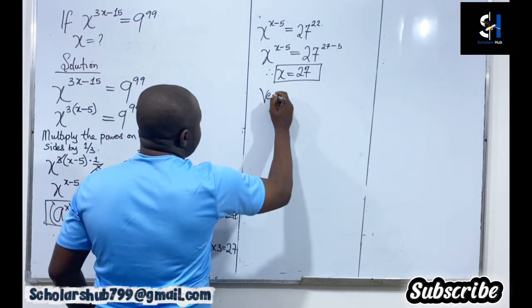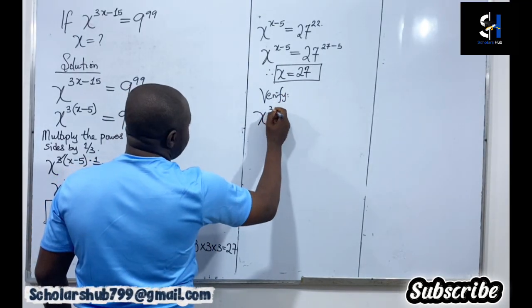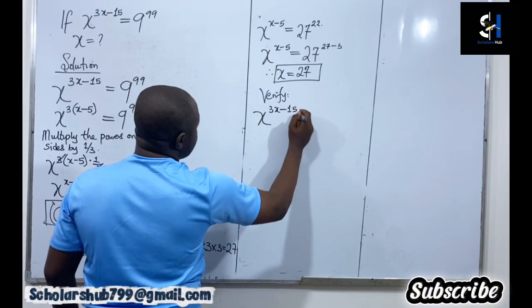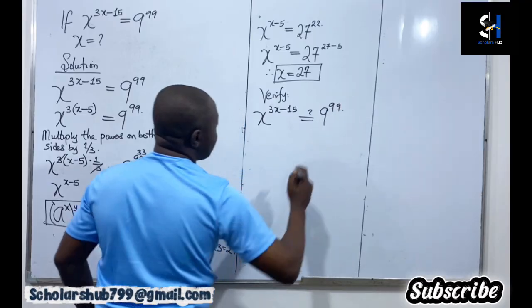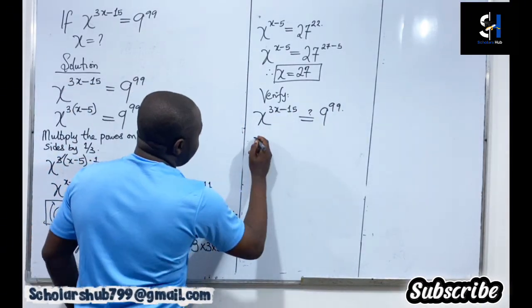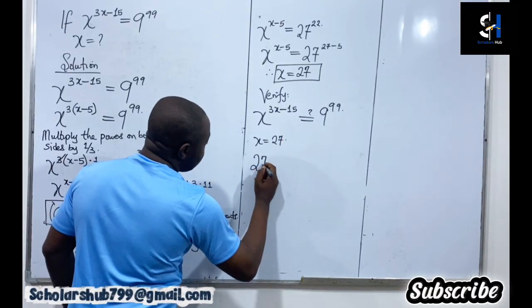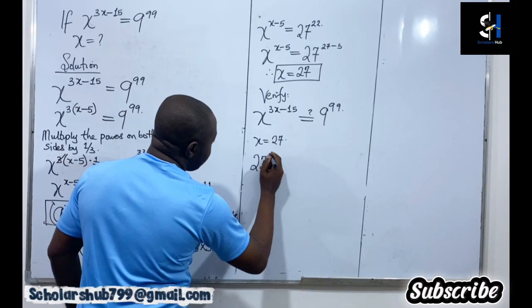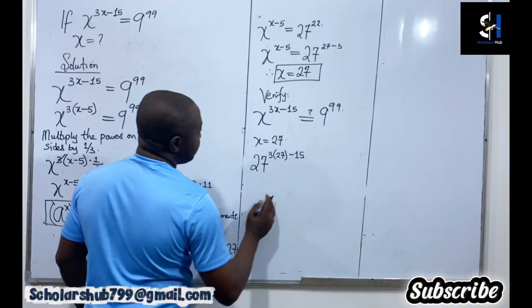Now let's verify. We are given x raised to the power of 3x minus 15 on the left hand side. Will it equal 9 raised to the power of 99? We have our value of x to be 27. So we say 27 raised to the power of 3 multiplied by 27 minus 15.